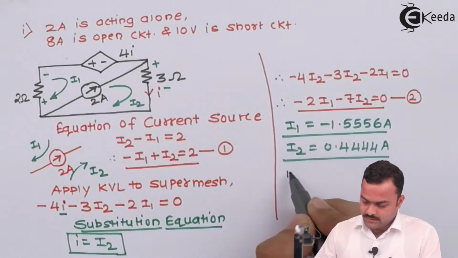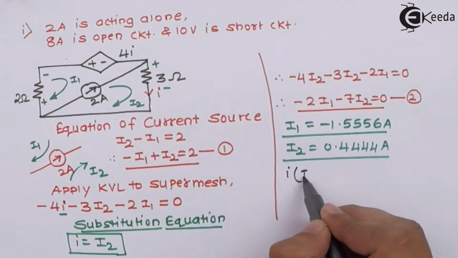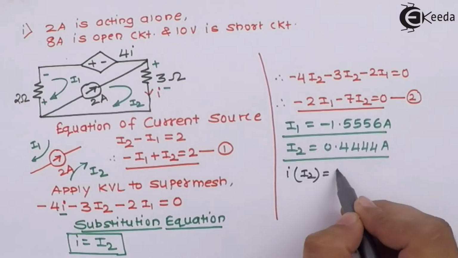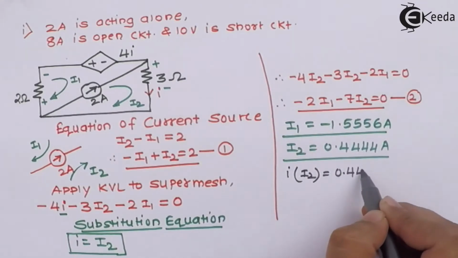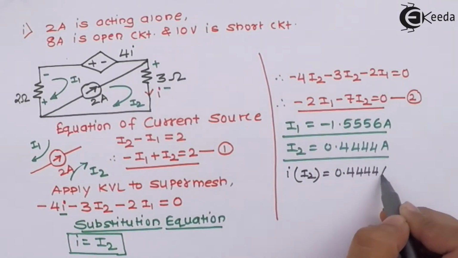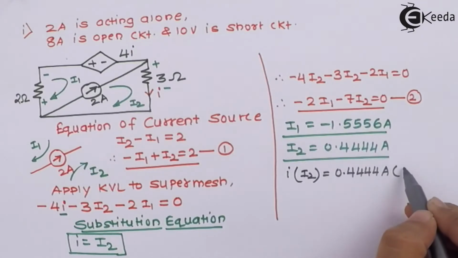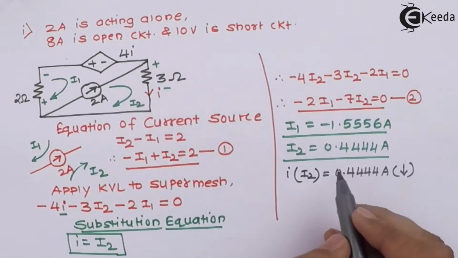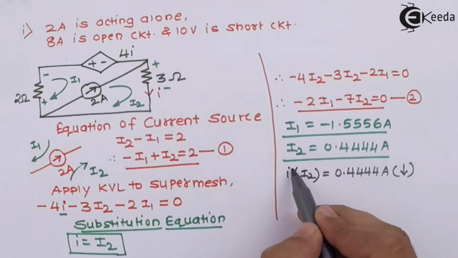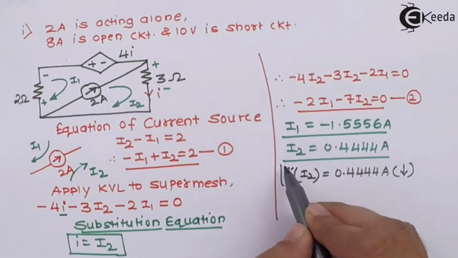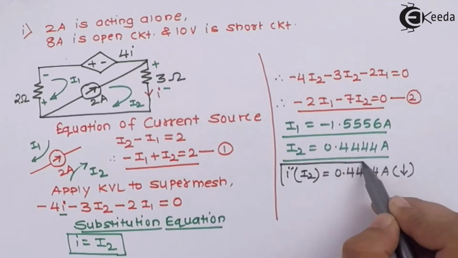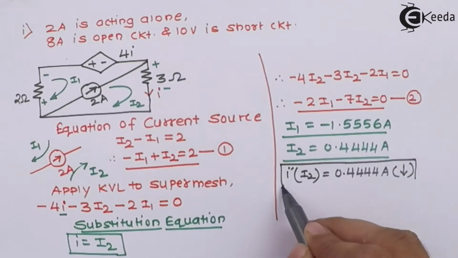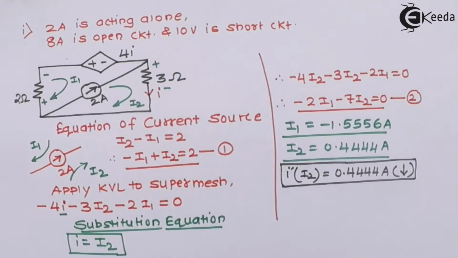So I can say I, which is the same as I2, is 0.4444 ampere. Direction will be downward as given. This is because of the only one source, so hence it is I dash. We need to find out two more currents because two more sources are waiting. So analysis for 2 ampere is over here.